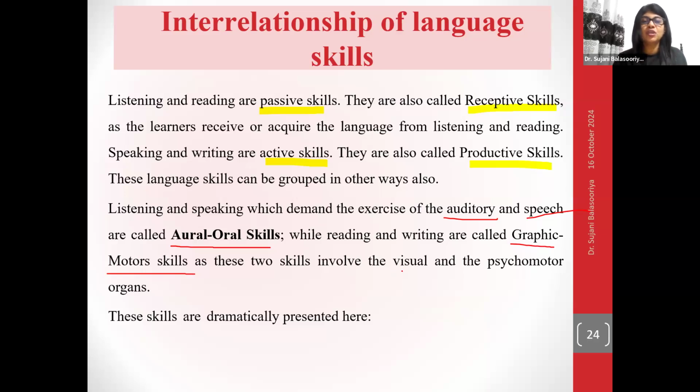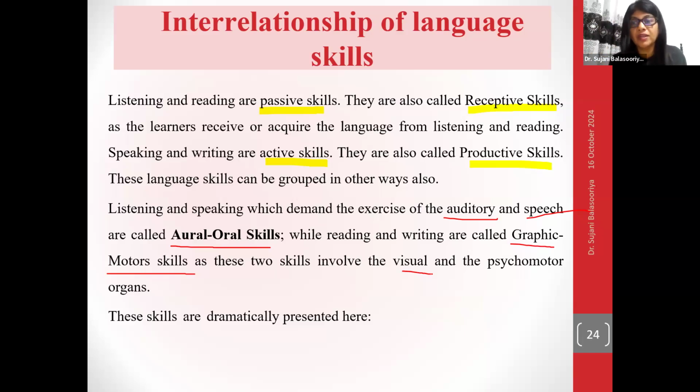You know about the visual organs: you need to use the eyes in order to read something graphical, right? And psychomotor organs means you need to use your brain, the hemispheres, the interconnections between the left and right hemispheres, and also the function of Broca's area and Wernicke's area.